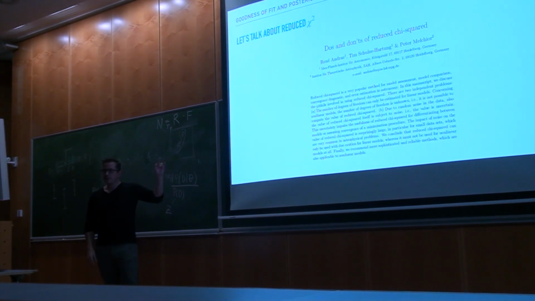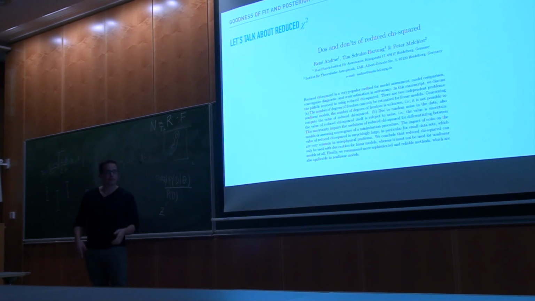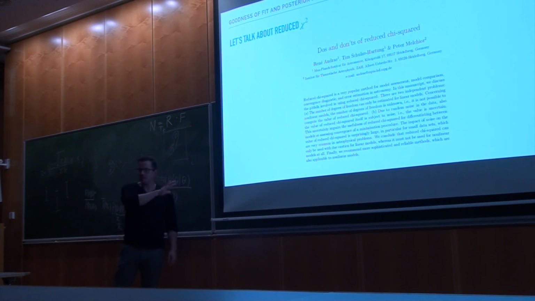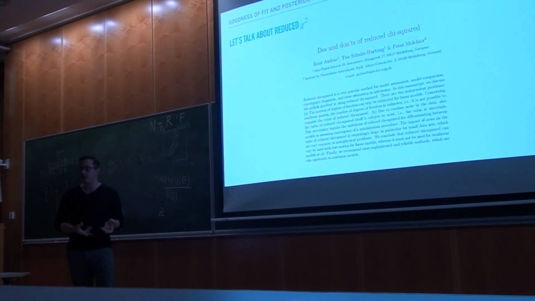This is probably the most posted paper there when someone goes, oh, I want to do this, and my degrees of freedom are that for chi², blah, blah, blah. This paper just gets posted almost every single time. And the reason is because it's an amazing paper that tells you don't use reduced chi², even when you have a Gaussian. It's a really bad quantity.